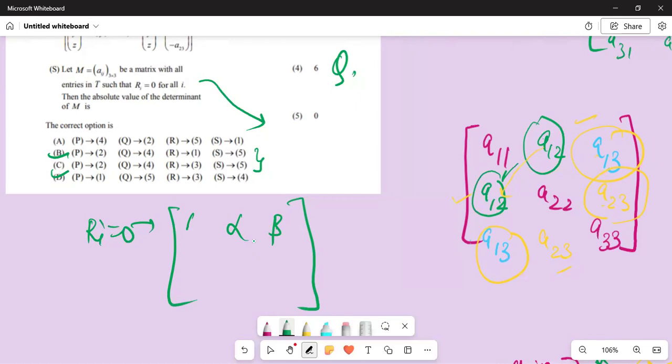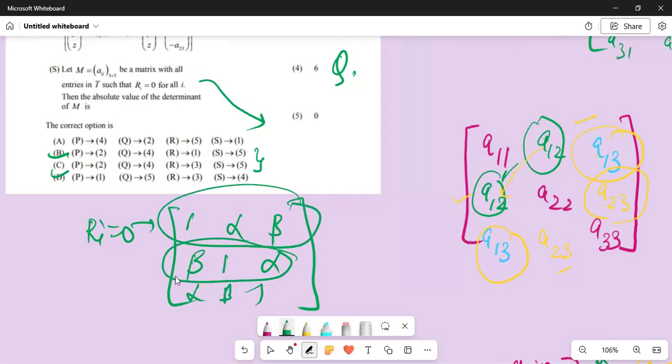So this has to be 1, alpha and beta. In the second row also this should follow the entries, the order can change. This can be beta, 1 and alpha, or alpha, beta or 1, but the entries should be 1, alpha, beta only. Every element of the set T should come exactly once.